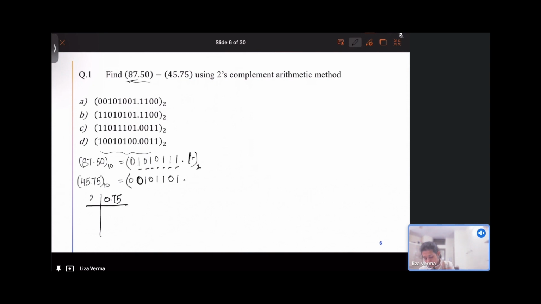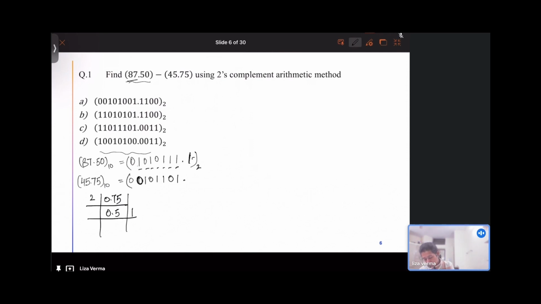You multiply it by 2, right? So 0.75 times 2 is 1.5. You take the digit before the decimal outside, 1, and we remain with 0.5, right?